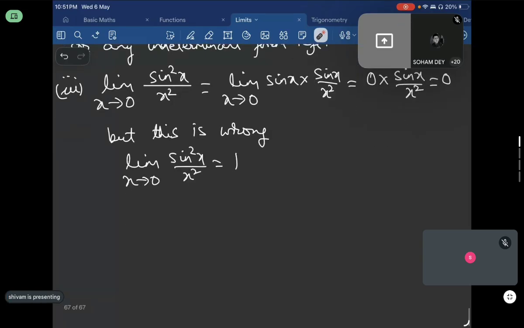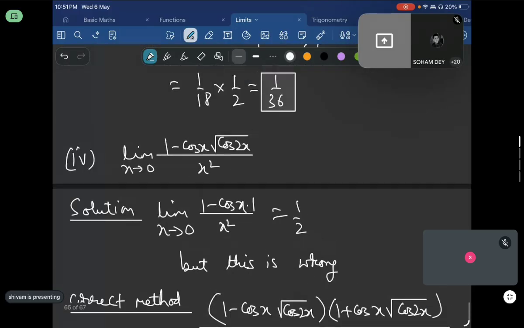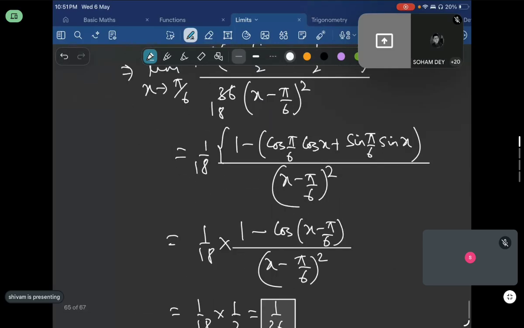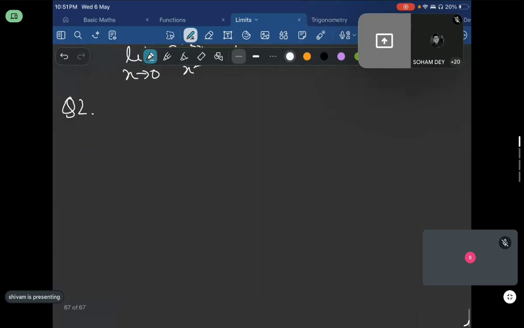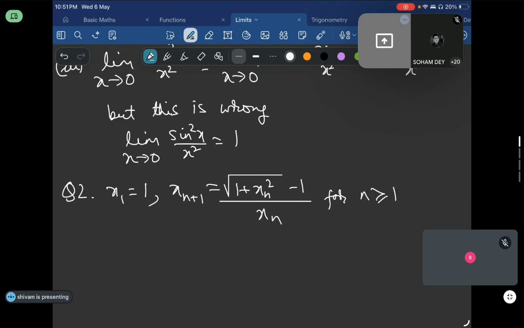Okay, next. Question number 2. x1 equal to 1, x(n+1) is equal to root over 1 plus xn square minus 1, upon xn, for n greater than or equal to 1.